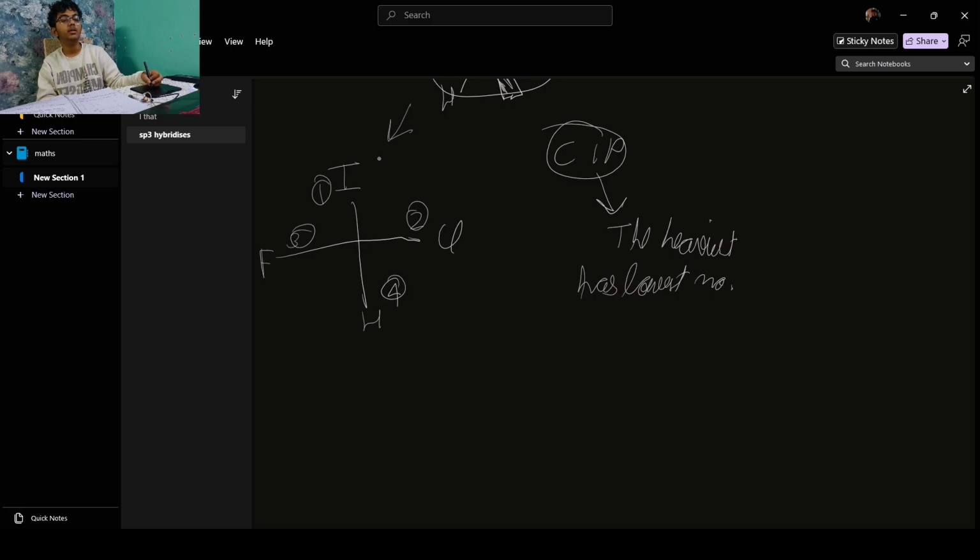Now, if you look at this compound, going 1, 2, 3 means it goes like this. So this compound will go like this, and as such, this will have an R type of optical configuration.